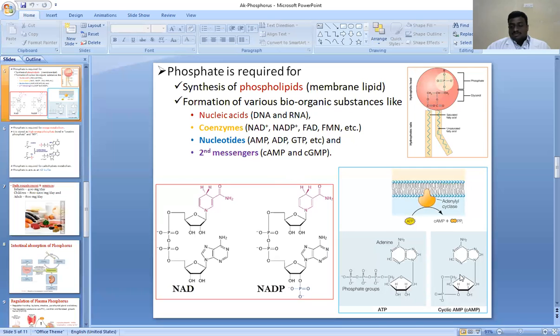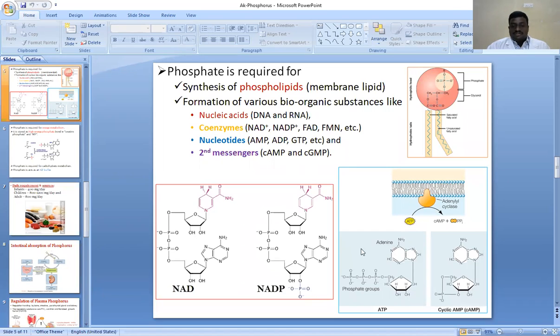So the difference between cyclic AMP and AMP is here: two oxygen ions from the phosphate ion bind with two carbon atoms. This is called cyclic AMP. But in adenosine monophosphate only, like NADP, one phosphate group is attached to the ribose sugar.